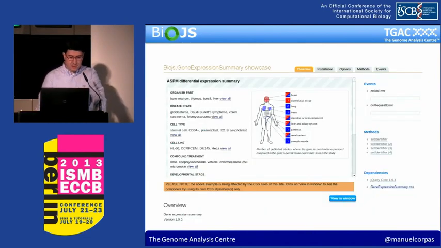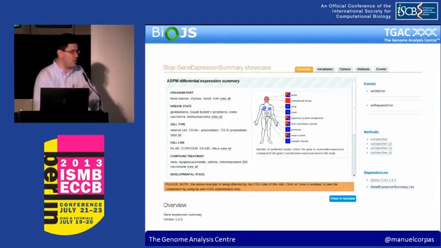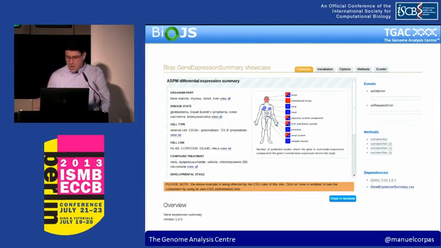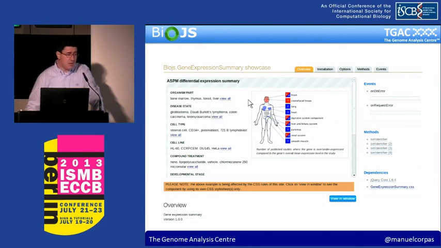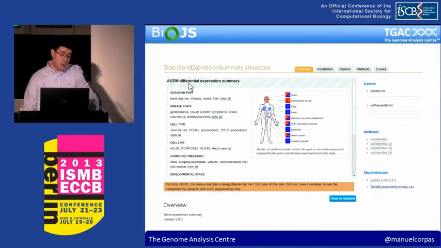This is the gene expression summary showcase, which I mentioned earlier. In this case, it's simply a way to query the gene expression atlas. Here we have the ASPM gene, which shows the visualization of where this gene is expressed and how much.